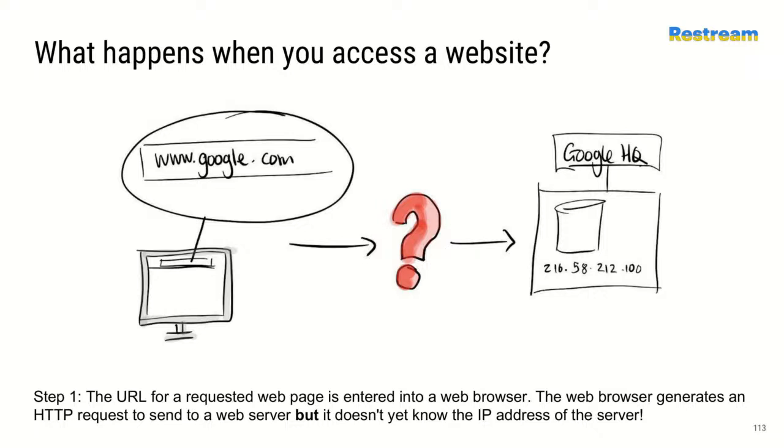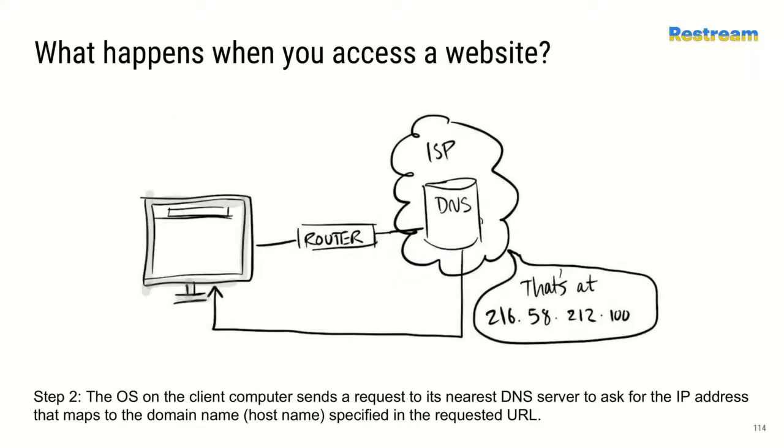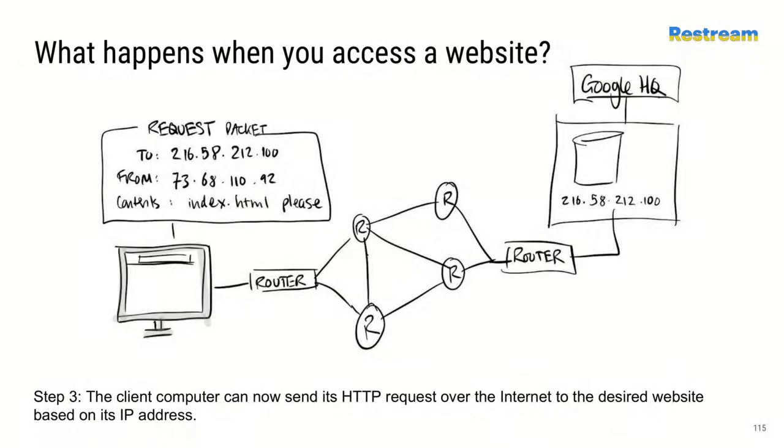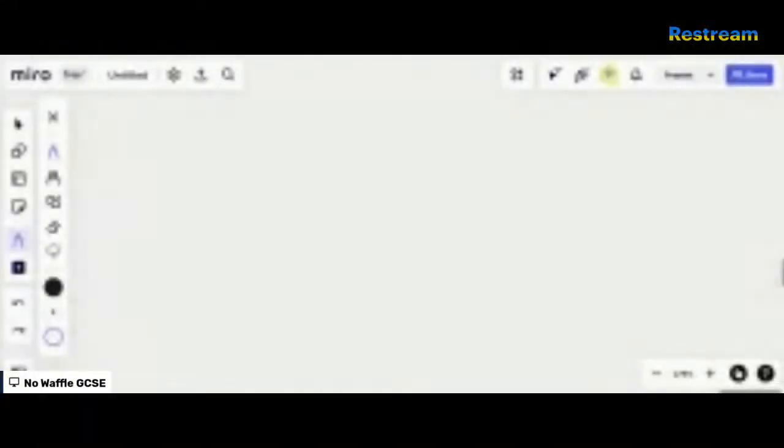The web browser then goes to the DNS because it doesn't know the IP address. It gets the IP address from the DNS, and then comes back. And then what happens is they request the packet and it is sent.